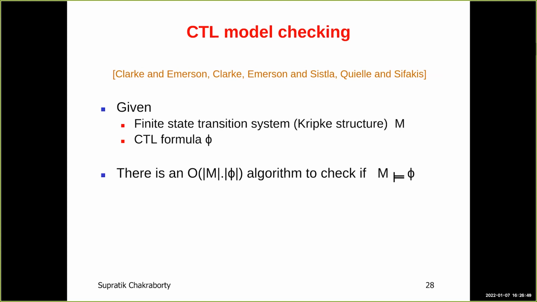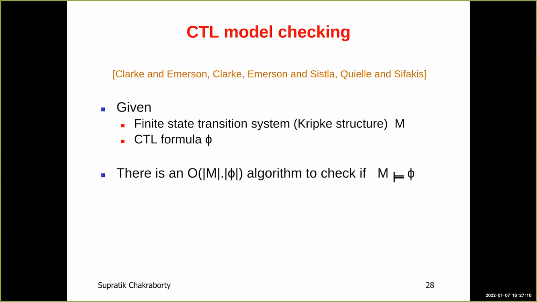And in fact, this will be a primary problem that we would like to solve, because we don't care about the size of the transition system when we are designing circuits, right? I have a circuit. If that circuit has 100 flip-flops, for me, maybe it's a small enough circuit, and I would like to test some properties on that circuit.